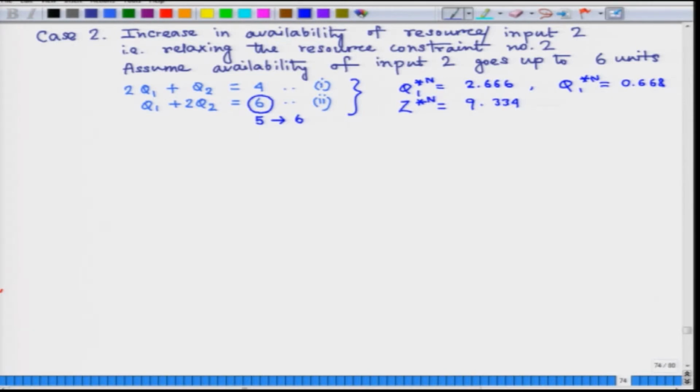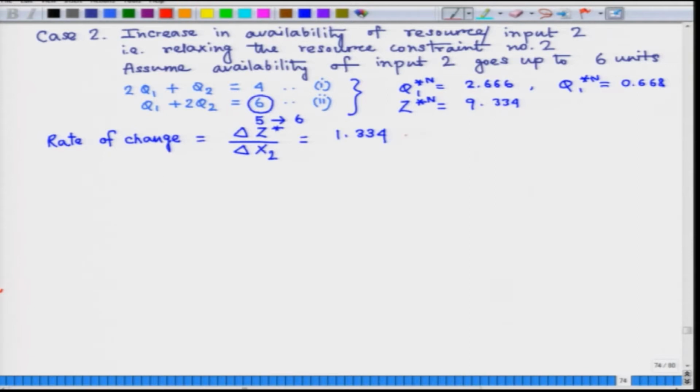So, now basically we can talk about that rate of change as change in the z star value divided by the change in the availability of input 2, and here in this case that is basically equal to 1.334.